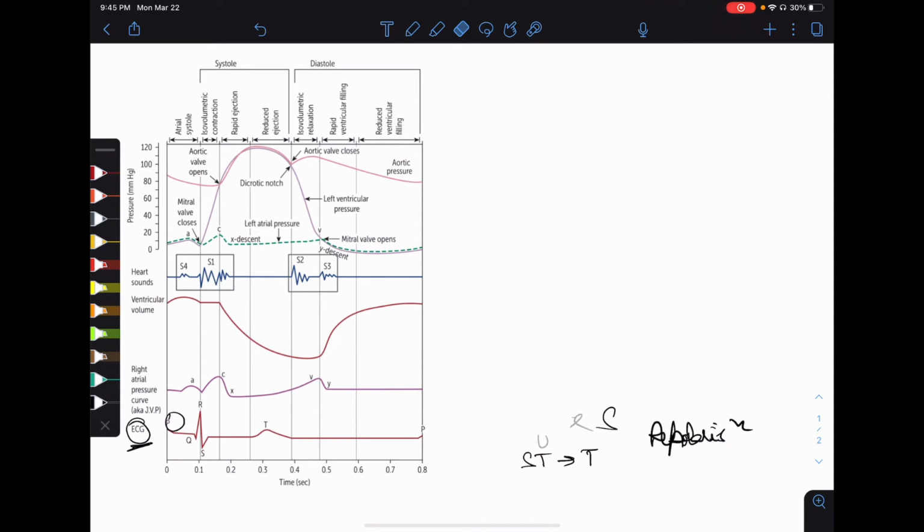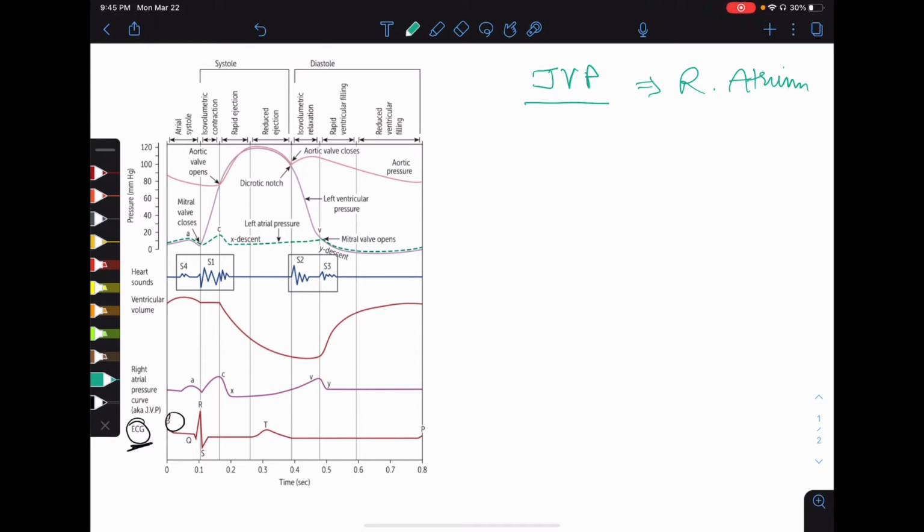After the EKG waves, I will come to your JVP. When we talk of JVP, it is implied that we are talking about the right atrium events. JVP is an indirect measurement of the right atrial pressure.